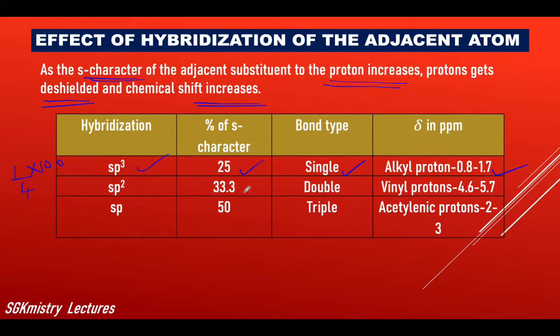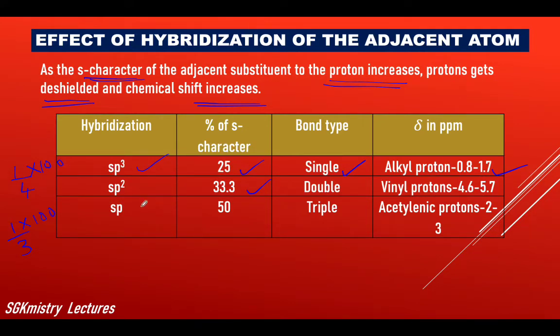How do you calculate the percentage of S character? For the total number of orbitals, one is s and 2 are p orbitals. So the total number of orbitals is 3. Out of 3, 1 is an s orbital. So the percentage is 1 into 100 divided by 3. That will give you the percentage of S character as 33.3%.